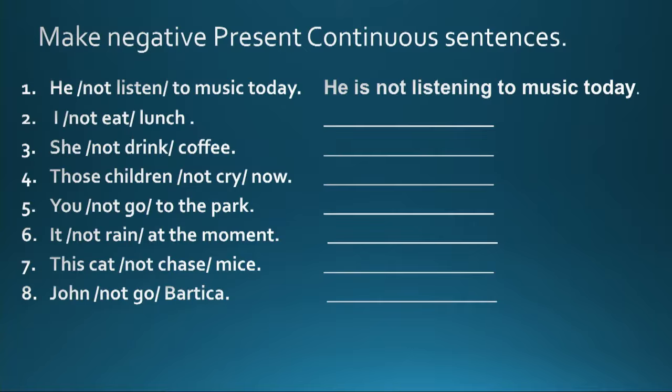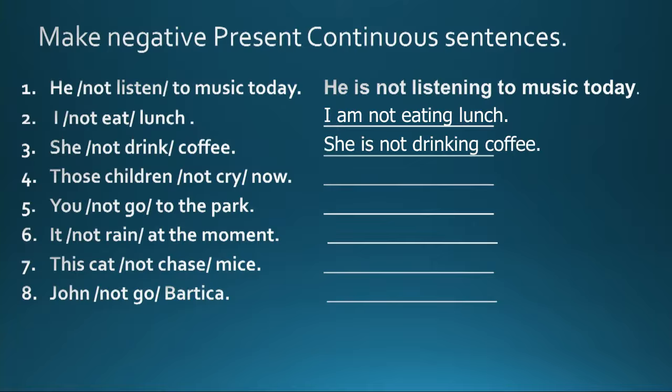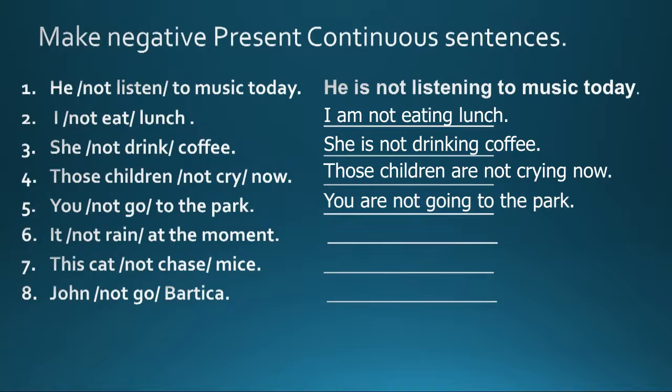Your answers should be, I am not eating lunch. She is not drinking coffee. Those children are not crying now. You are not going to the park. It is not raining at the moment.